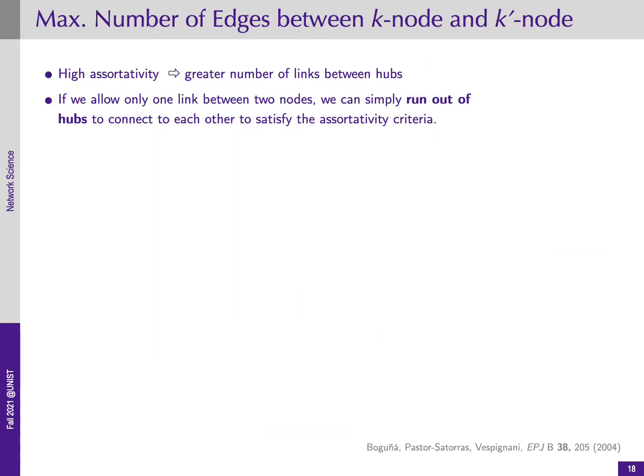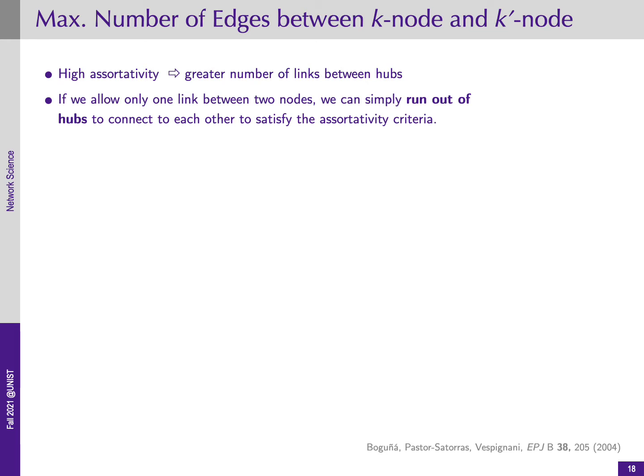To further the question on the maximum number of edges between a node with degree k and k prime, we recall high assortativity means higher probability of direct connection between the two hub nodes.